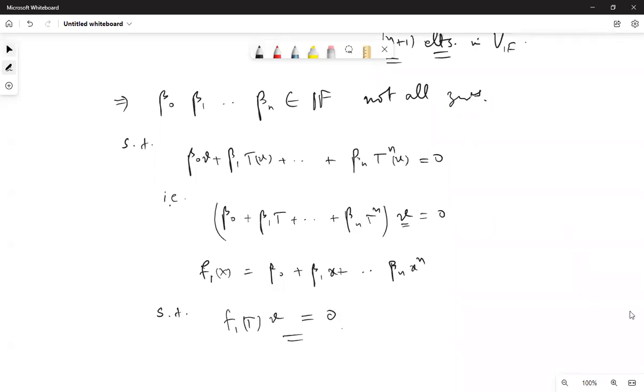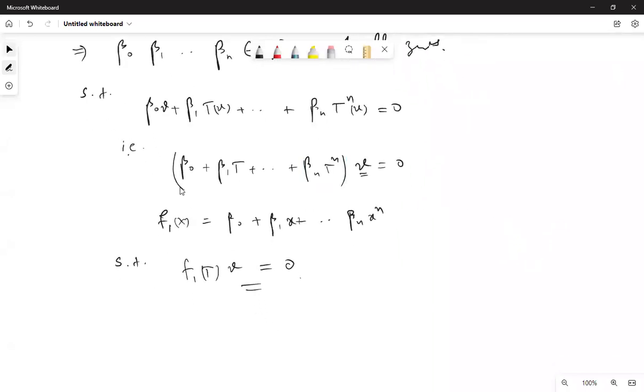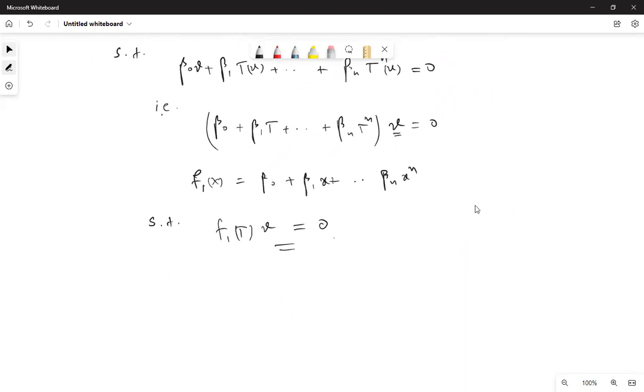That means every element satisfies somehow a polynomial like that. If this is the guarantee, then I may choose the minimal polynomial, which is denoted by, say, M_T,v.